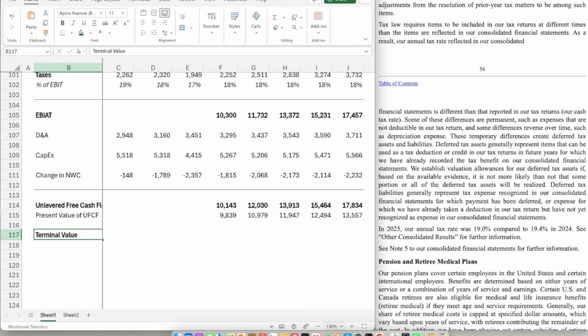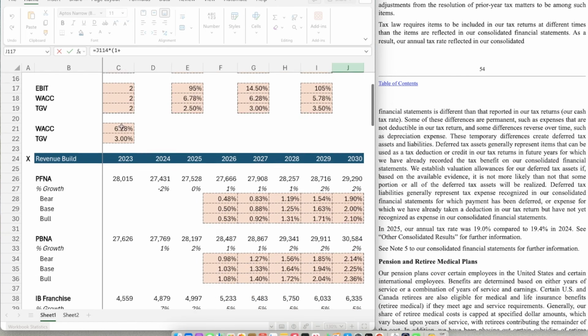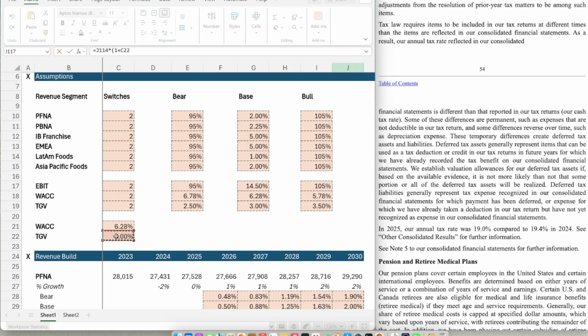The next calculation is the terminal value, and that is just your unlevered free cash flow multiplied by 1 plus your growth rate, terminal growth value, close bracket, divided by your WACC minus your terminal growth value.